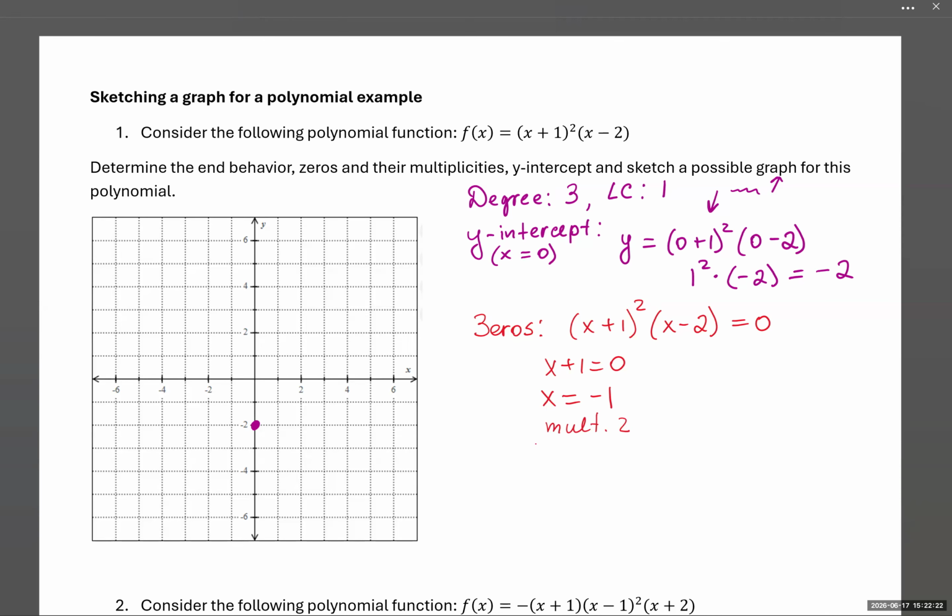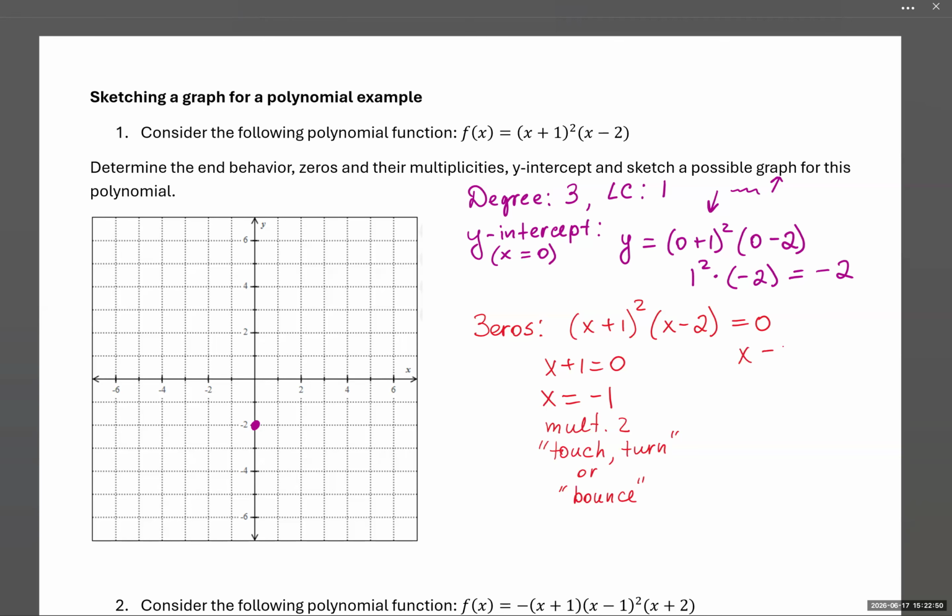The even multiplicity means that at x equals negative 1, the graph is going to touch the x-axis, but it's not going to cross. It's going to touch and then turn and go in the other direction. Sometimes we describe it as bounce. Imagine a rubber ball bouncing off the floor, that's usually what happens here.